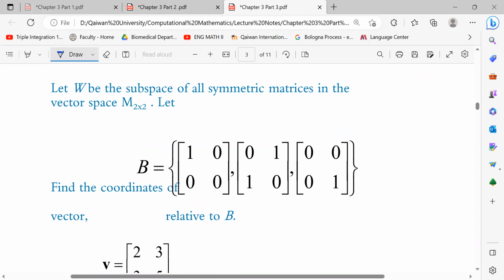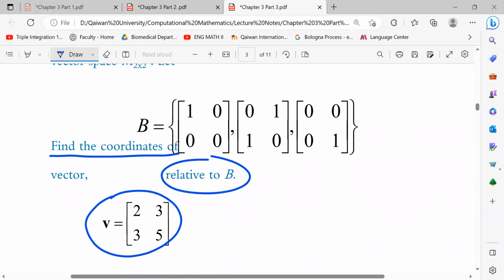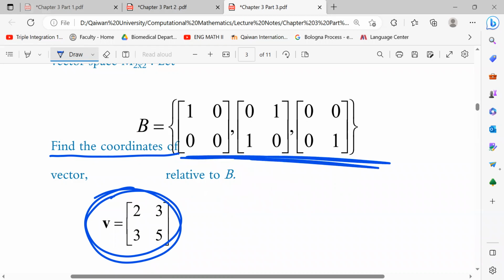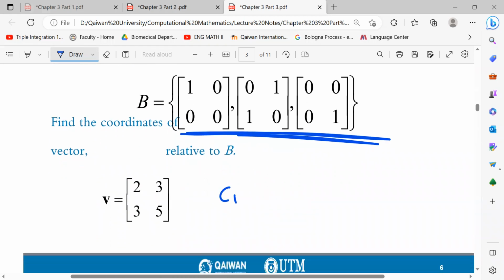It says find the coordinates of V relative to B. B is given. B is the base. What we do, we just need to write down V as the linear combination of B. We say C1 times this matrix plus C2 times this matrix plus C3 times this matrix.